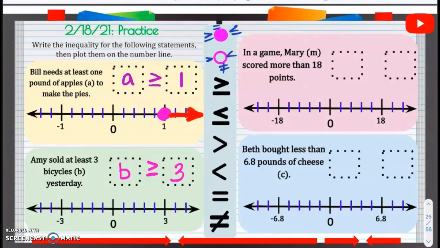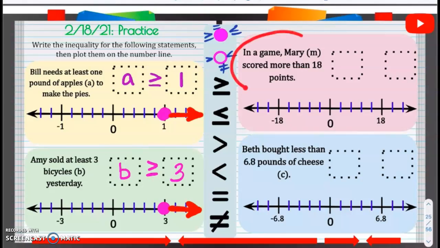So 3 or more. Again we're going to have that closed circle at 3, and then anything to the right, greater than or equal to 3.